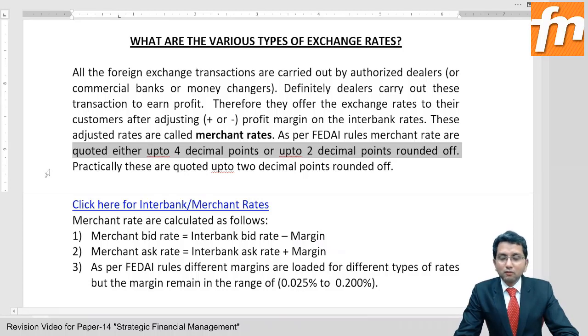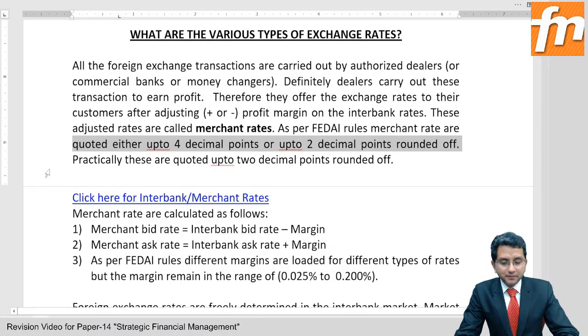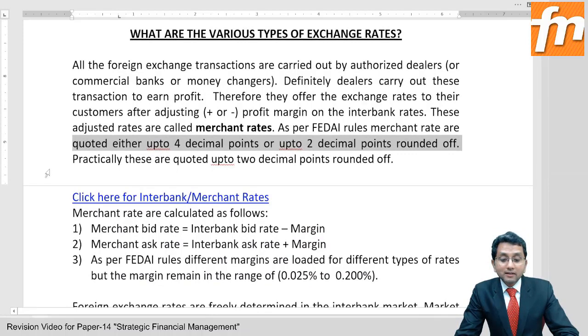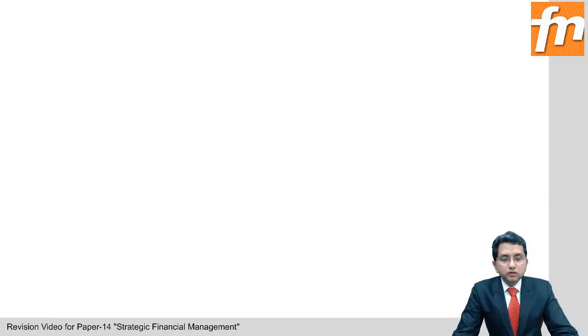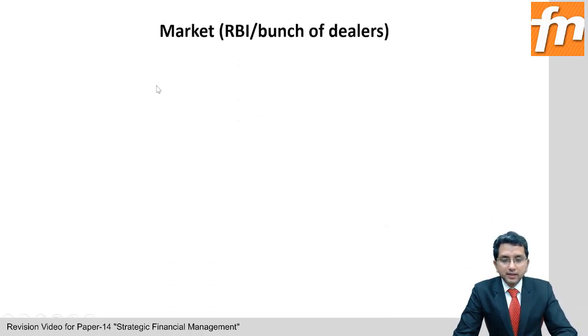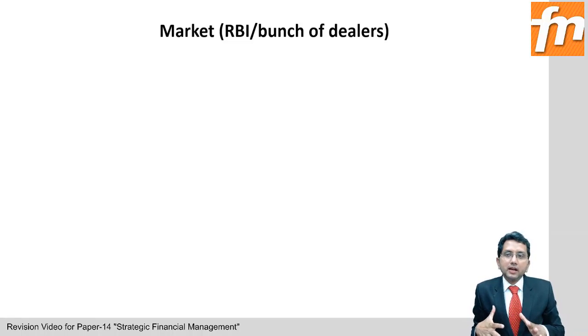You must be thinking, what is the interbank rate and what is the merchant rate? To understand that, let's take one situation. First, you should understand that there are three types of people dealing in the foreign exchange market.